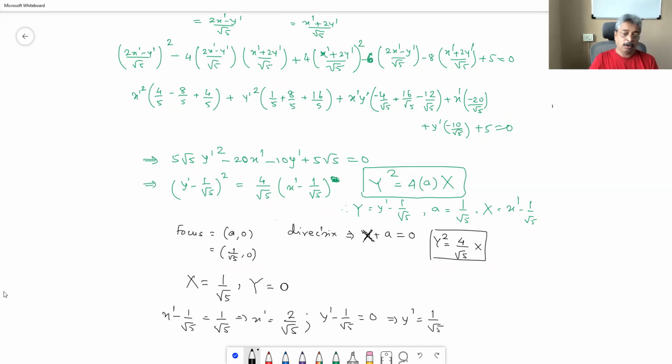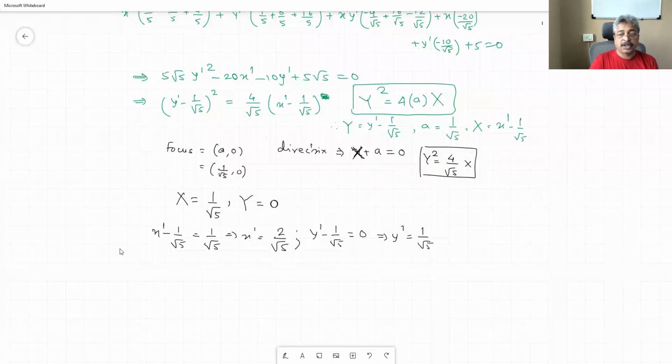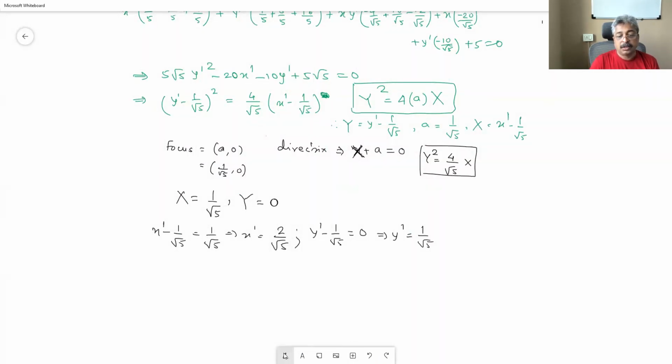So we have undone the translation transformation. Now we are supposed to undo the rotation transformation. Okay. So if you want to undo the rotation transformation, then how are you going to go about it?